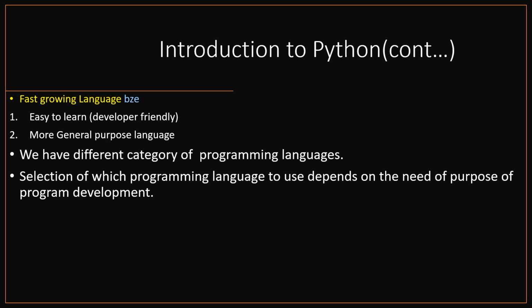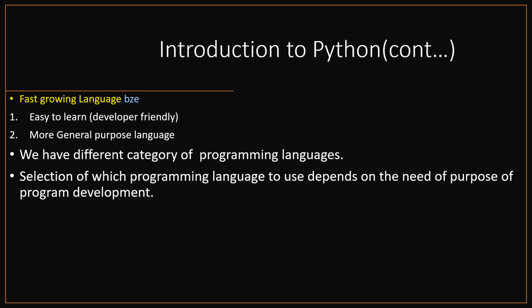Before that, if I want to select which programming language to use, it really depends on the purpose you're using it for. What is the need for program development? Based on that, you will select which programming language can be used. For example, if I want to build embedded system applications, I can go for either C programming or C++.